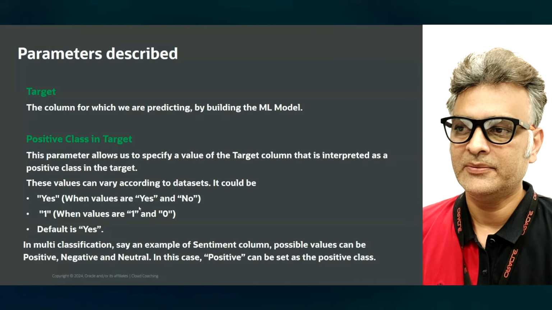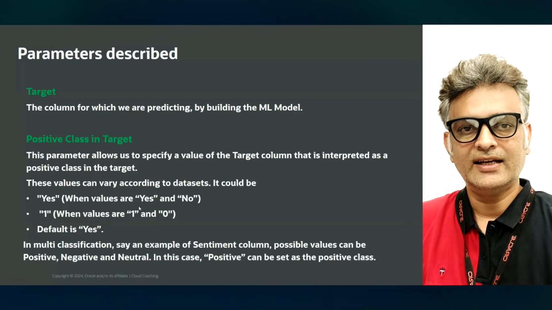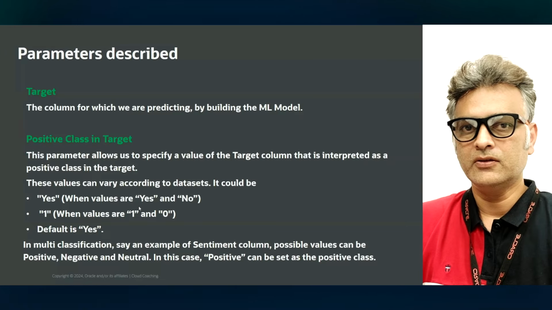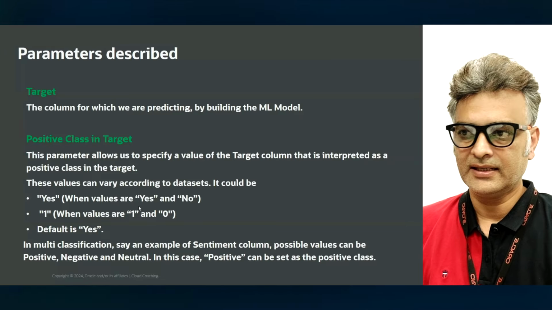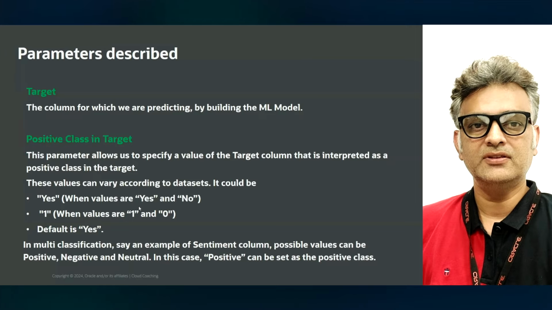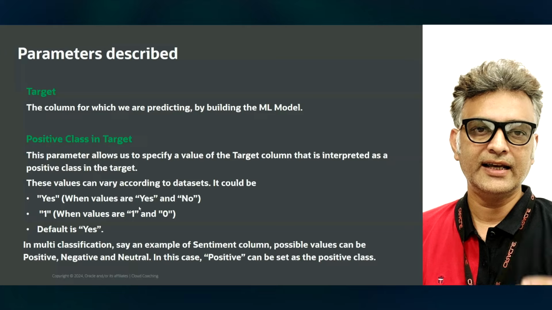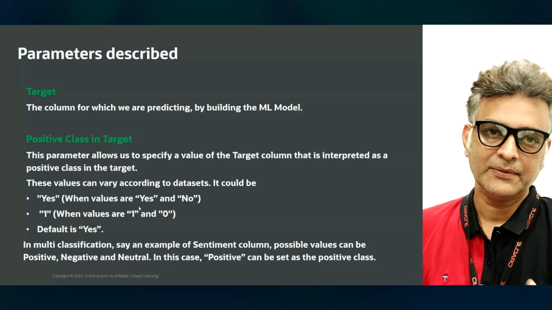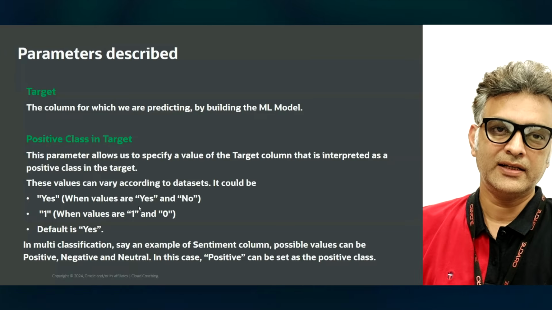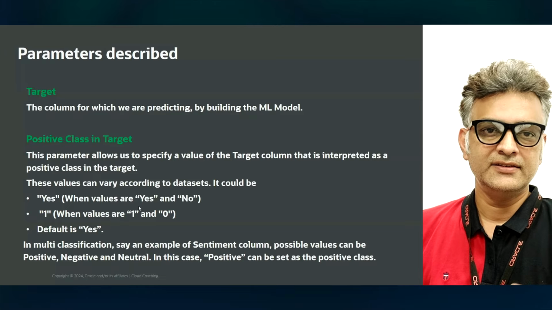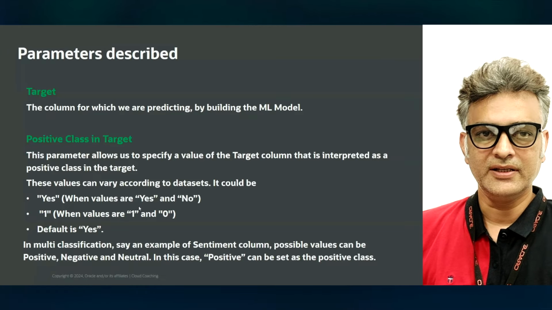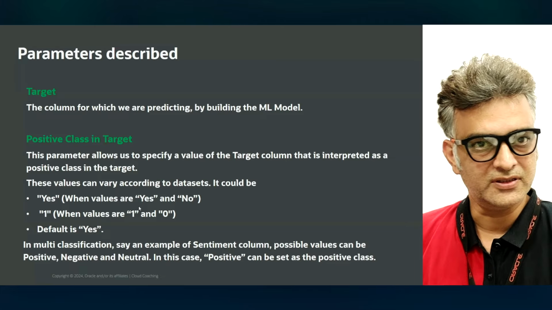The second parameter is positive class in target. As I've taken a simple example of likelihood to buy, with two outcomes, yes and no, which of these values is actually the positive value in the target? It can be yes in our scenario. And in some cases, when you are predicting with numerical columns, 1 and 0, 1 can be the positive class and 0 the negative class.